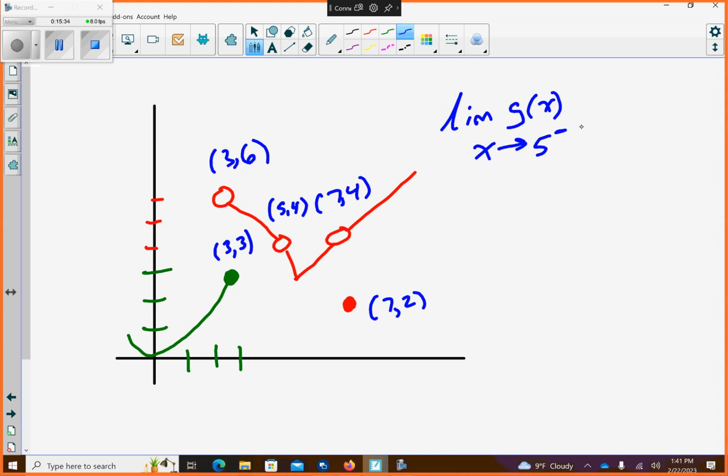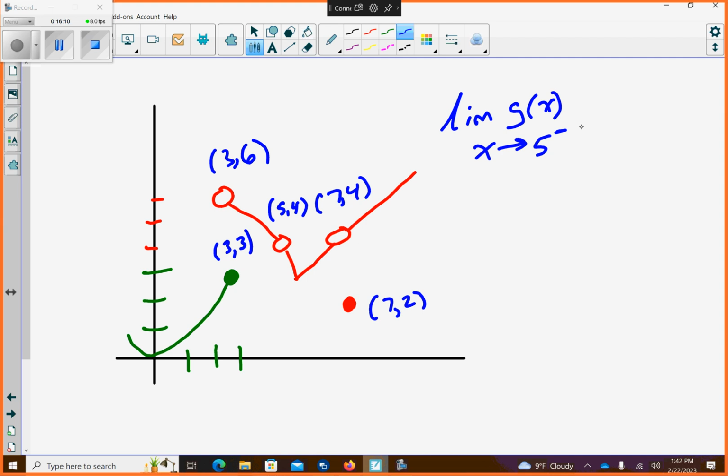That raised to the negative means I'm coming from the negative direction. So on my board, I'm on the negative direction. Agree? So what I want to do is try and get to this 5. So 5 is roughly here. As I'm cruising along, basically this comes up, it just jumps up, and then starts cruising down. Where does this limit appear to be? 4. Exactly. It should be 4. I'm not going to be exact on a really badly drawn graph.